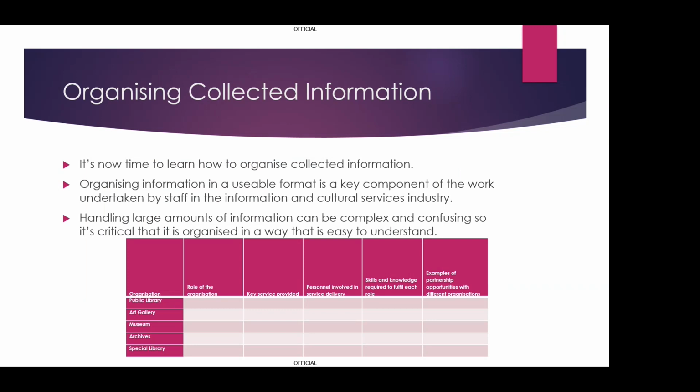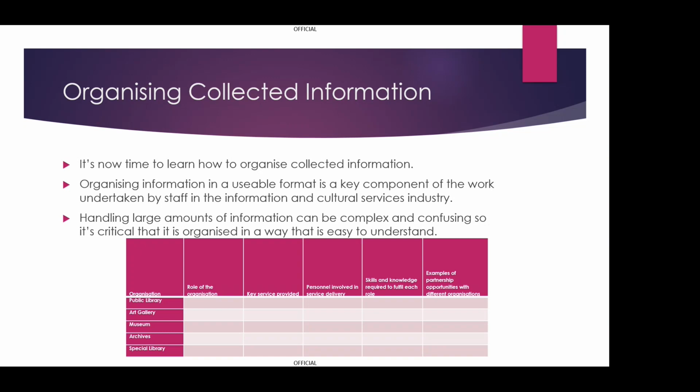When we collect information about these organizations, this is just one example of a table on how we collect it so that we can use the information that we're finding. You're going to be asked to look at an organization and to look at what we've just gone through in the slideshow. You can see on this table it has all the different types of organizations on the left-hand side.